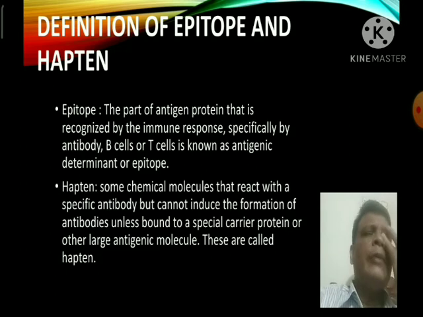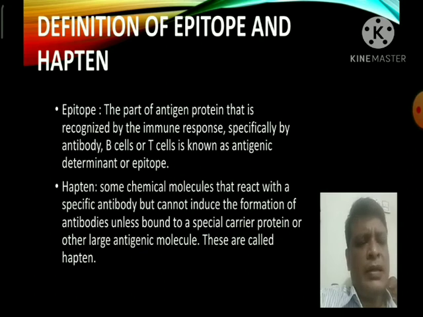Haptens are some chemical substances that react with a specific antibody but cannot induce the formation of antibody unless bound to a carrier protein or other large antigenic molecules. Basically, haptens have a very small molecular weight.